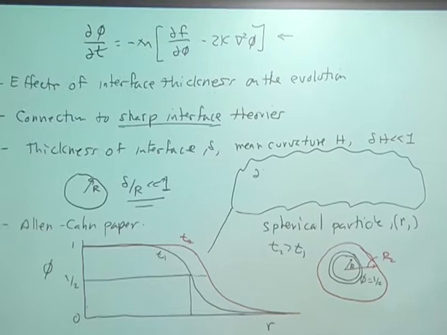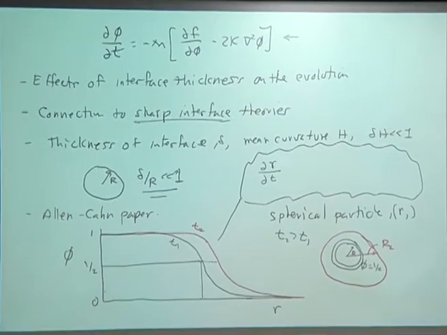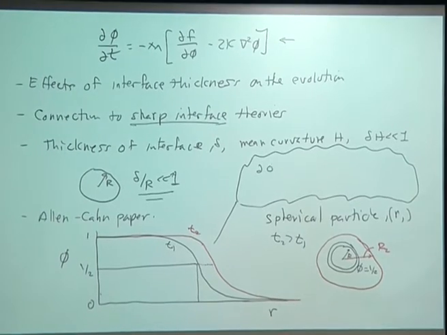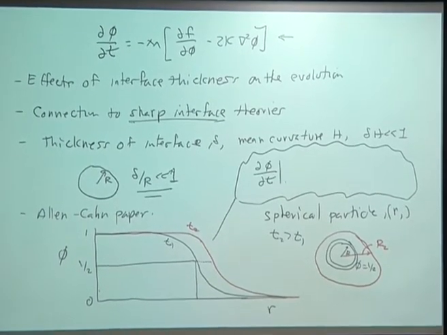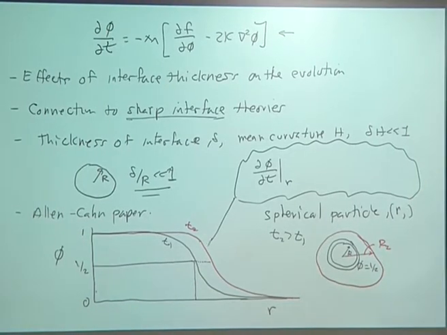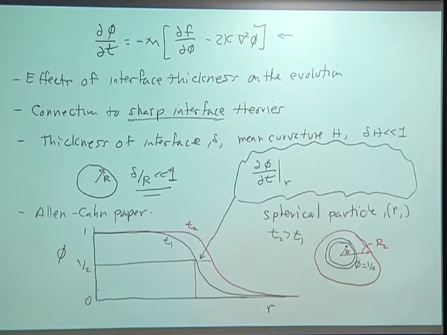Okay. So you can define two partial derivatives. One of them is the partial of r with respect to t. I'm sorry, the partial of phi at constant r.